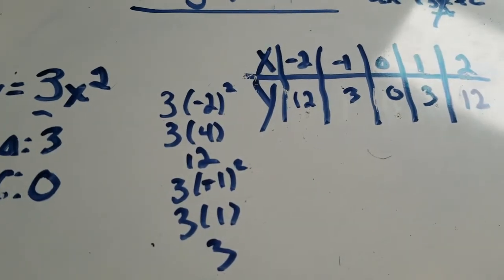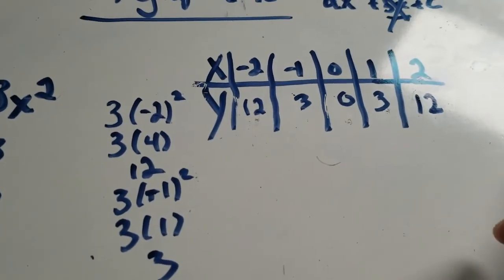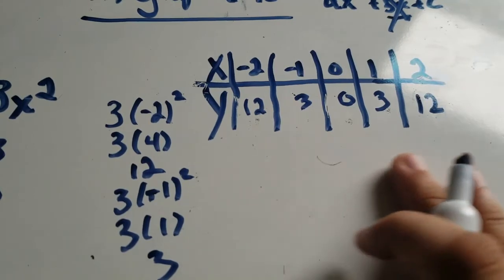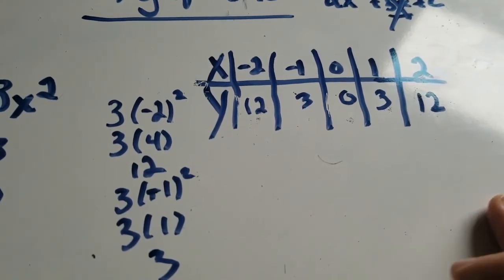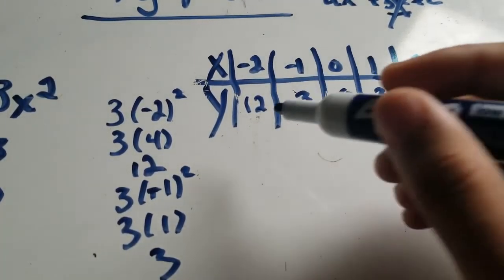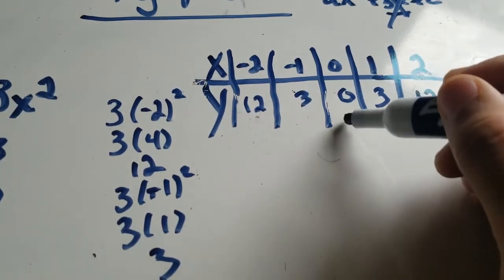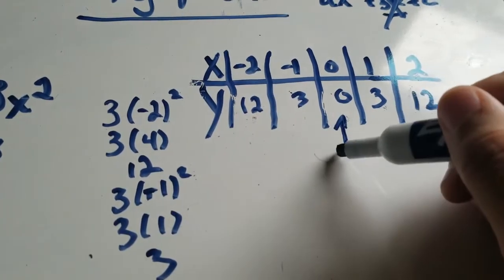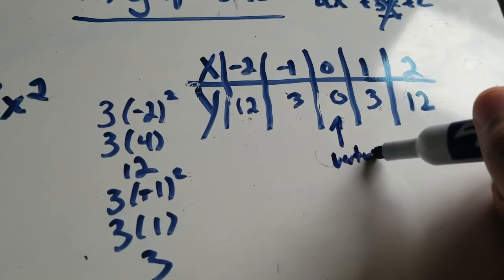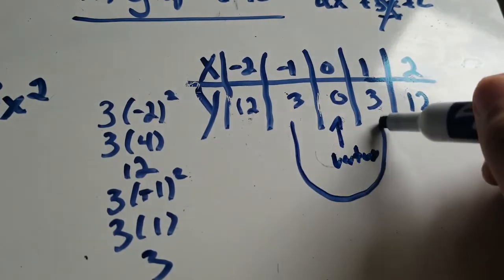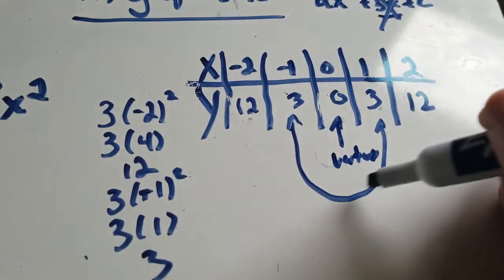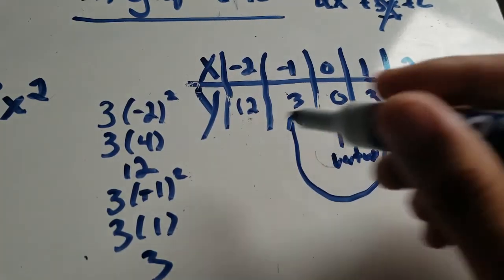Now I want you to notice something. What do you notice here? Some kind of pattern is happening. I want you to notice that the pattern is, let's say this right here is going to be called our vertex. The middle is called the vertex. Here and here, and look at that, U shape appears again, are equal.